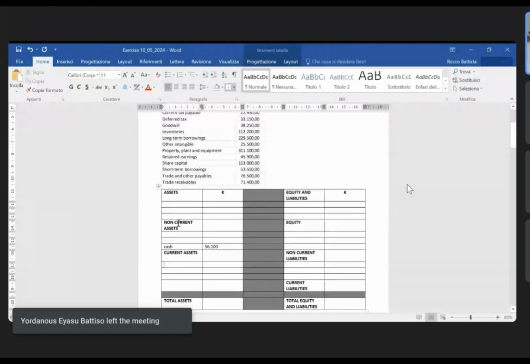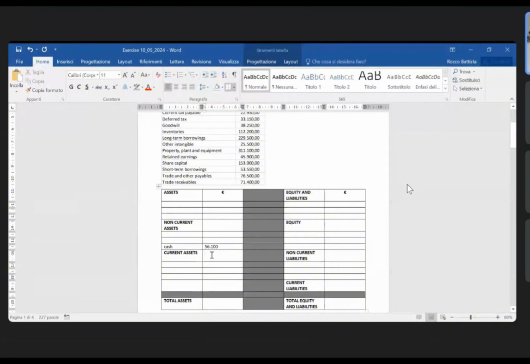I mean, I want that you put in this box and this box the subtotal of the total asset, because the information we need is to have the subtotal of non-current asset, the subtotal of current asset, and all these subtotals, and in this box the total of the item. So please remember to put here the subtotal of the current asset.